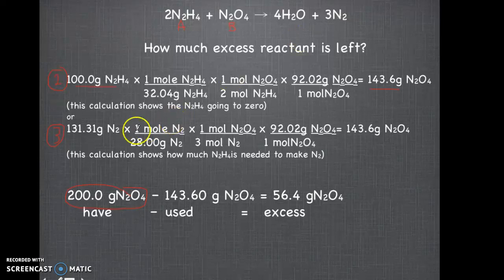I'm taking my theoretical yield, my TY, and that becomes my A over here. Then my B, again, is N2O4. Just keep note that if you do method 2 or 3, you do have to do the subtraction step at the very end, whereas if you do method number 1, you subtracted first and then did the stoichiometry.